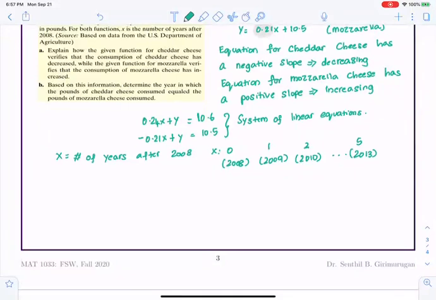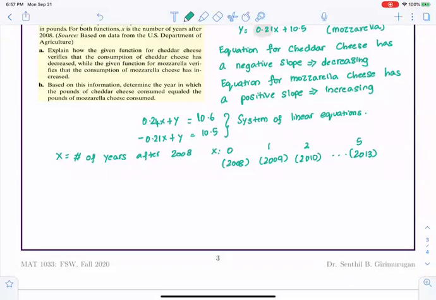The goal is to realize that the two lines, or the two functions, which are lines, become the same at some value of x at some year since 2008. And what does that mean as a system of linear equations? We know the solution to a system of linear equations is the point of intersection of the two lines. In other words, both lines would have the same exact value where they meet.